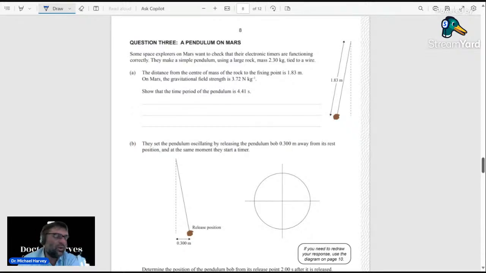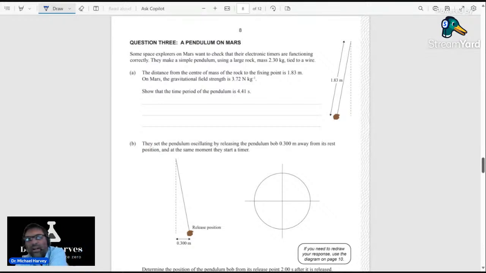Right, question 3, the pendulum on Mars, so I'm thinking SHM. Some space explorers on Mars want to check that their electronic timers are functioning correctly. They make a simple pendulum using a large rock with a mass of 2.3 kilograms.